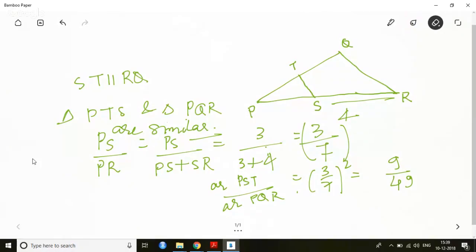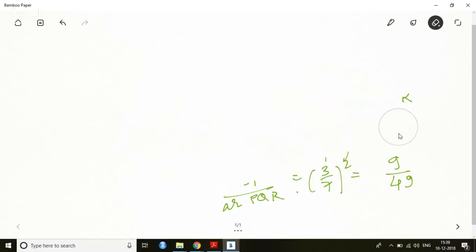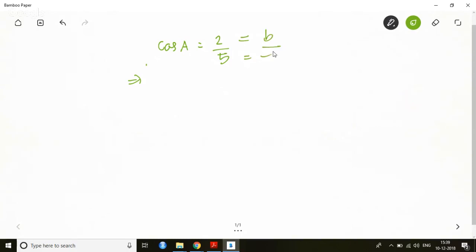Now question number 6 tells me that cos A is equal to 2 by 5. So this is base and this is hypotenuse. For tan A, I need to find perpendicular divided by base.